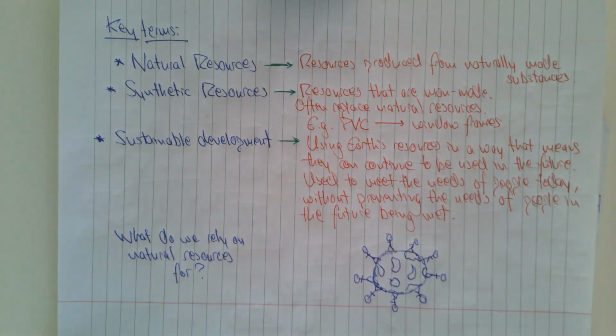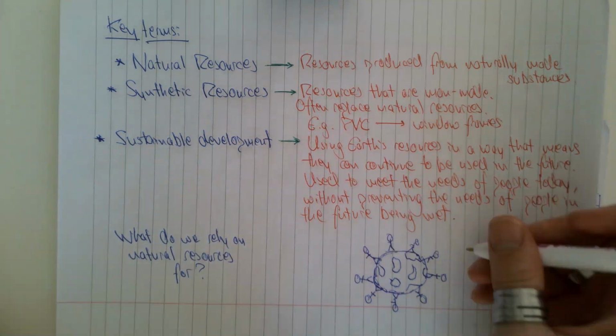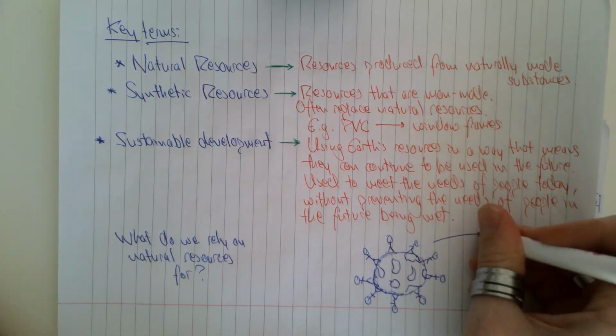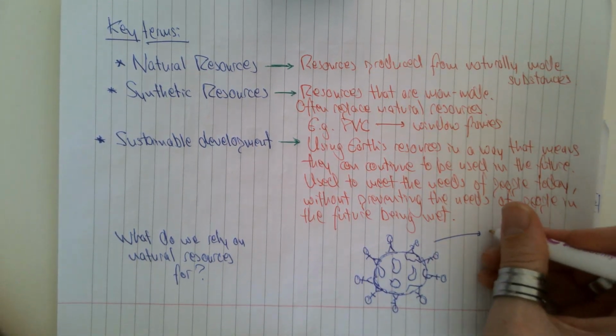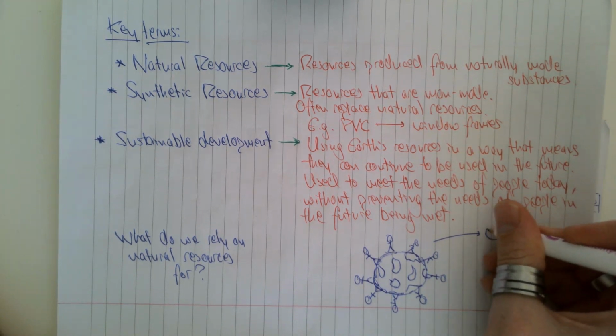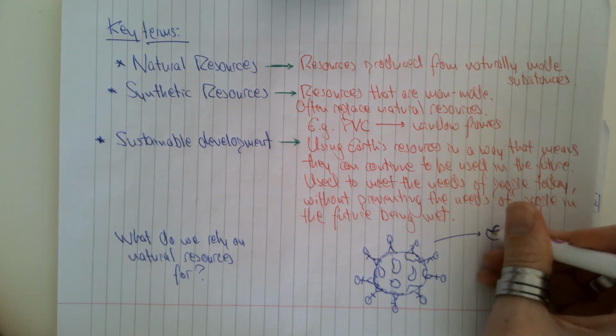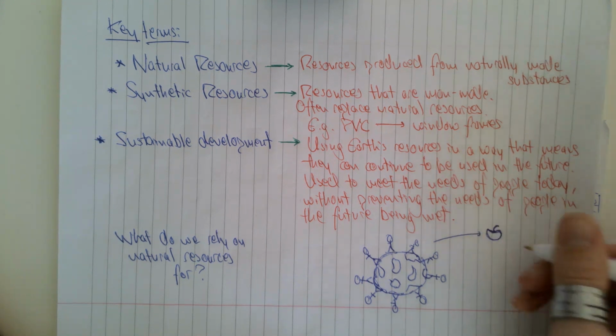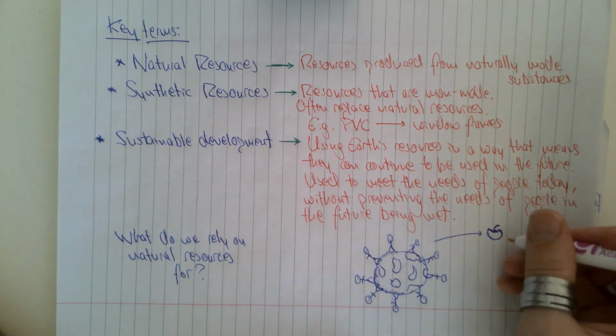Fantastic. So, what are some of the things that we rely on natural resources for? If we make a little note of them around the edge, one of them is obviously, can't tell, that was supposed to be an apple, but it kind of failed slightly.